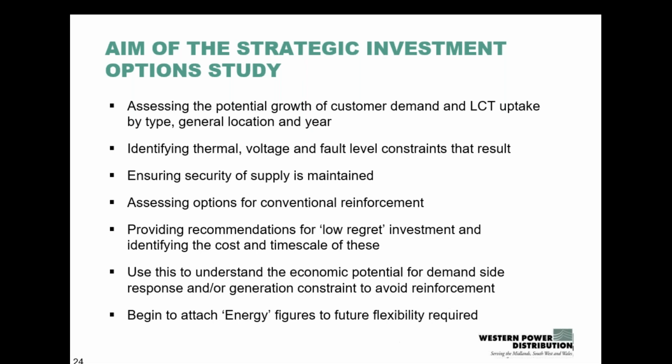We then overlay that with our existing network to identify whether there are any thermal, voltage and fault level constraints. And we ensure that security of supply is maintained, but by doing so, we assess some options for conventional reinforcement, and this provides some recommendations for low regret investment.